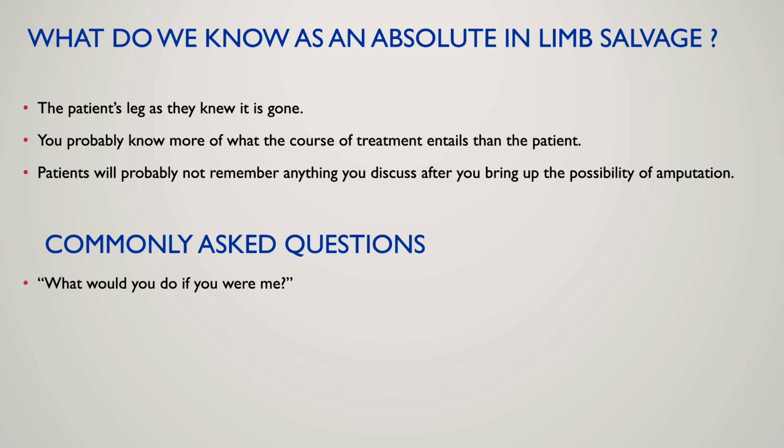The third line is extremely important because we do see in real life that the clients will probably not remember anything when you discuss it at the acute stage of the limb salvage or amputation in the ED or in the hospital.